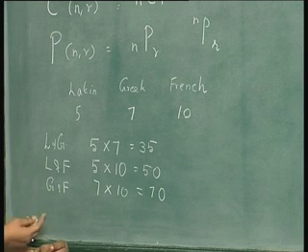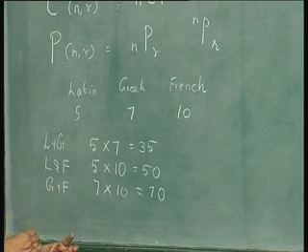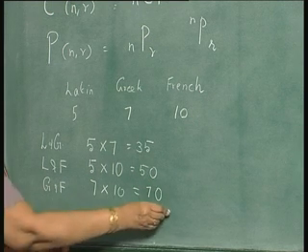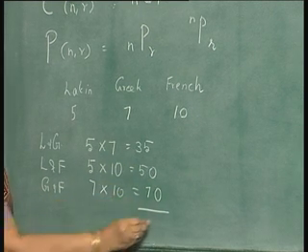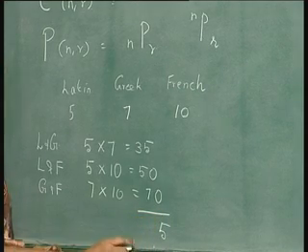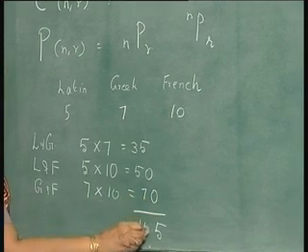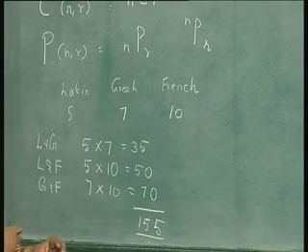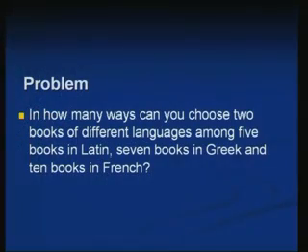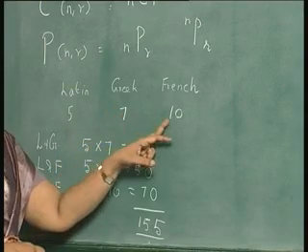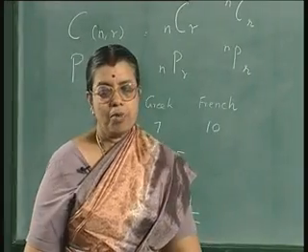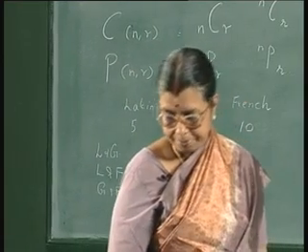So in how many ways can you choose 2 books from different languages? That means you have to add. This is the rule of sum. So you will get 35 plus 50 plus 70, which is 155. In 155 different ways you can select 2 books of different languages among 5 books in Latin, 7 books in Greek and 10 books in French. So we have seen how to make use of the rule of product and rule of sum.